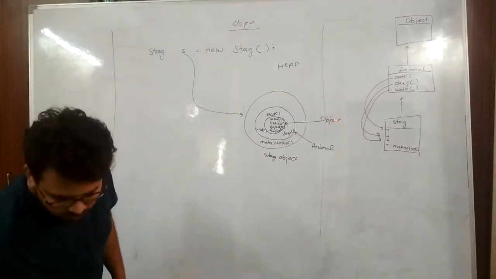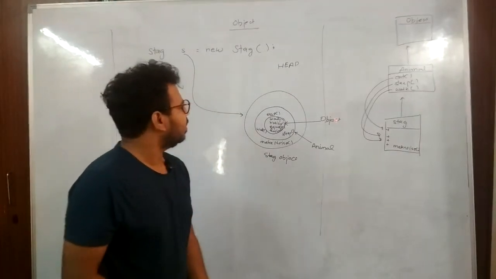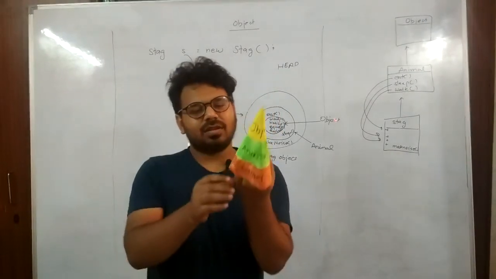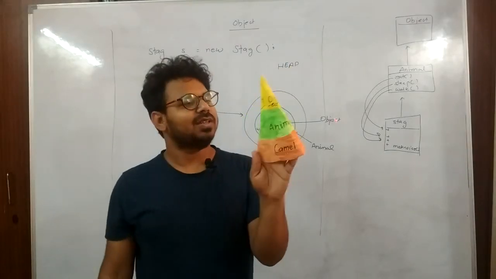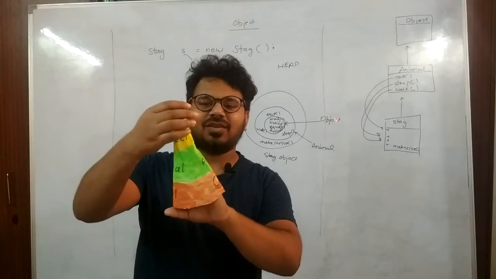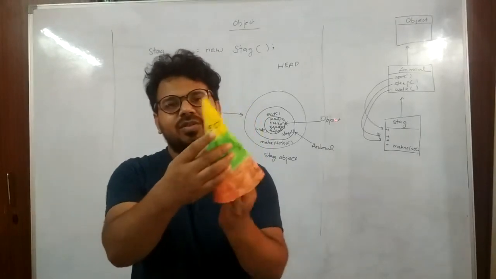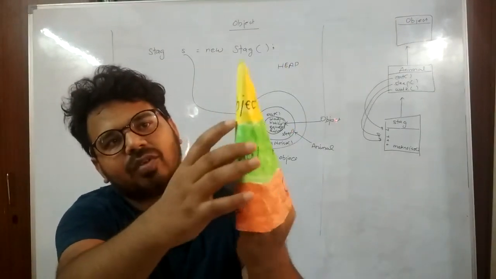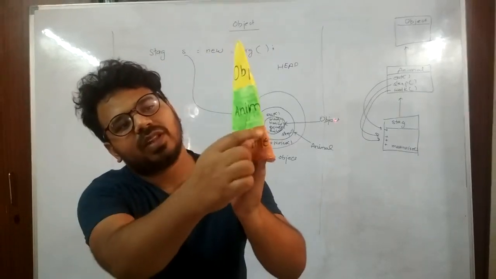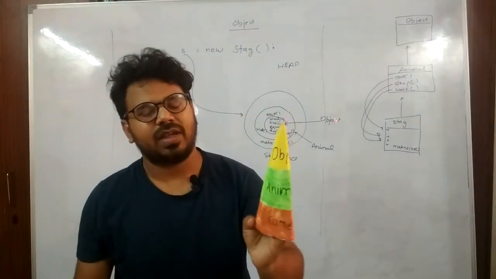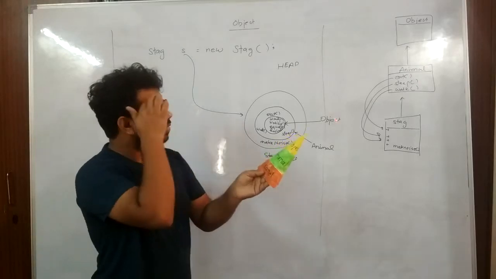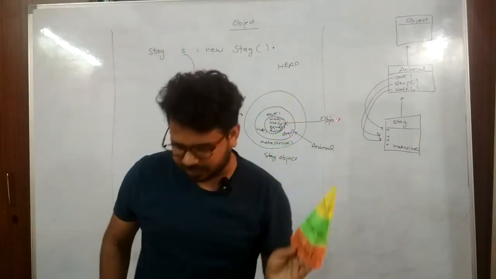For your reference, I have created a simple cone, like a shampoo cap. Here you can see on the top I have the Object class, and after that the Animal class, and inside it I have written Camel, but since we are going through Stack, here it will be Stack.